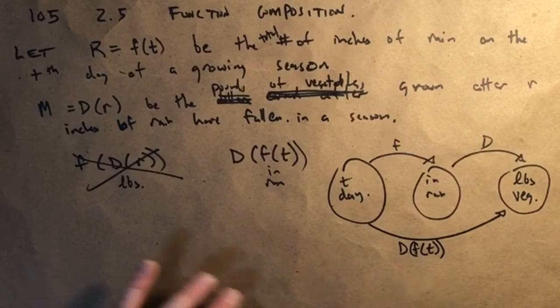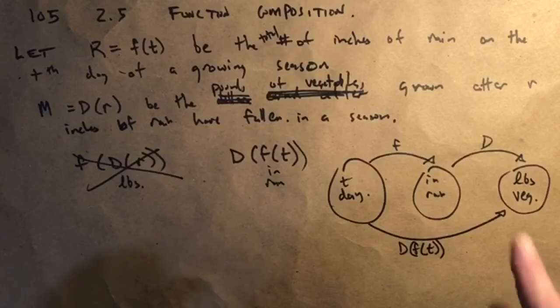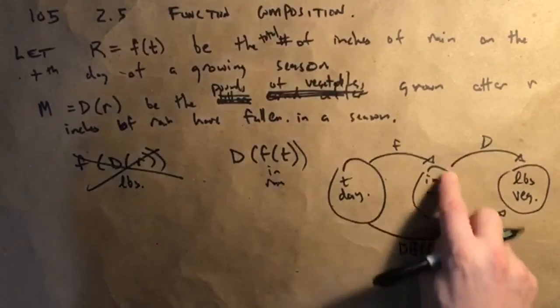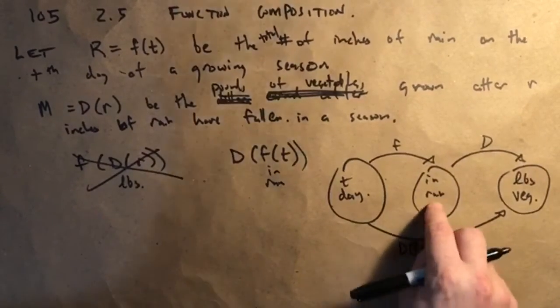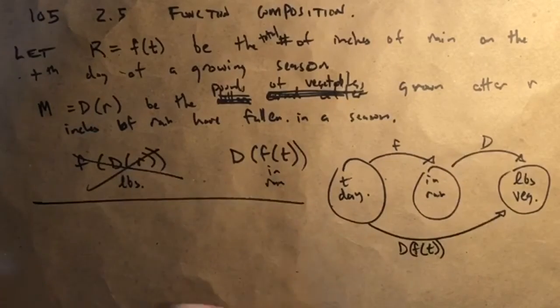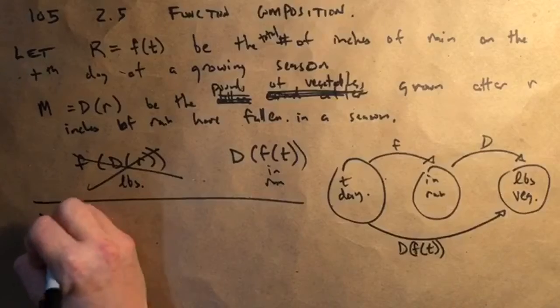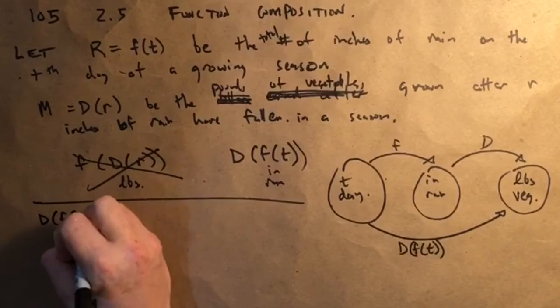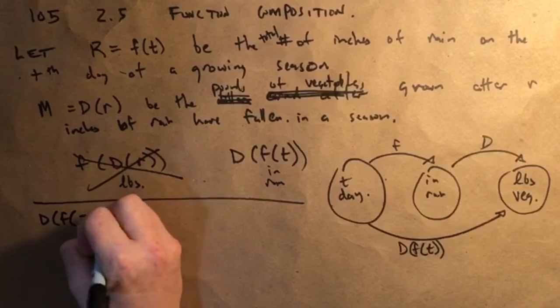When I make an interpretation here, I am not going to mention this intermediary function. It becomes an artifact. So let's make an interpretation of something like D of F of, say, 35.